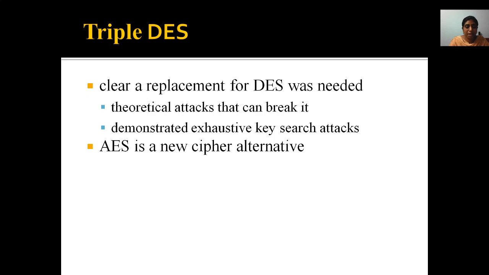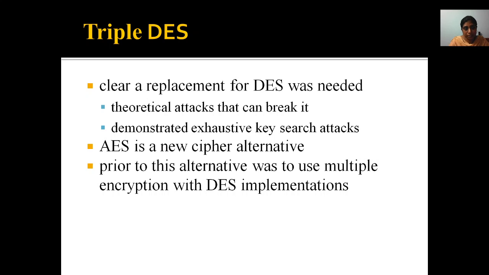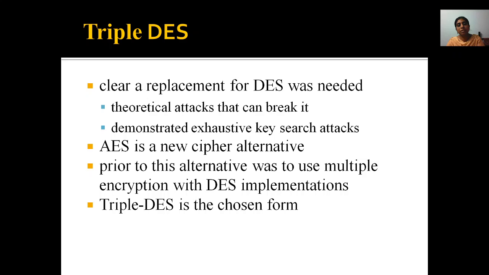Advanced Encryption Standard was the cipher which was an alternative for DES. Because of these vulnerabilities to search attacks, multiple DES came into existence. So we have chosen triple DES.